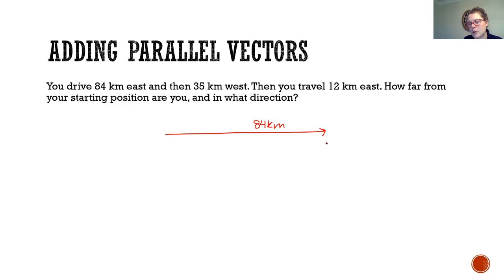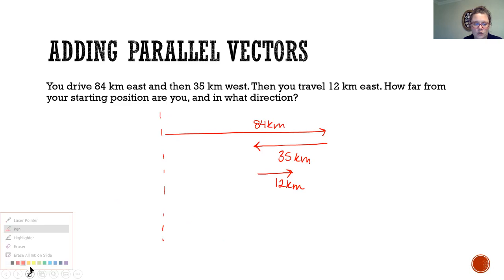All right, then I went west, 35 kilometers. Then I went back east, 12 kilometers. How far am I from where I started? Well, this is my starting point. I'll switch colors here and I'll draw my resultant in green. And this is my end point.